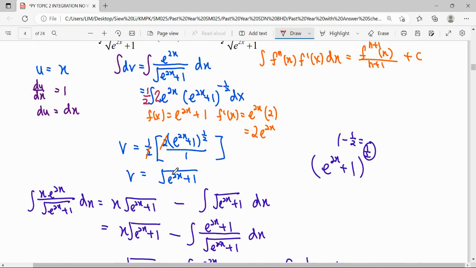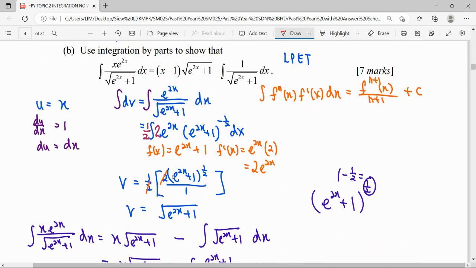So for our marks here, the first very important thing is how we select our u and dv. And then to integrate here, to find out our v, we use the concept of the formula to get this integration answer.